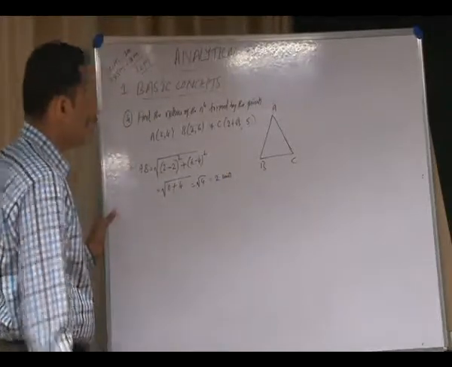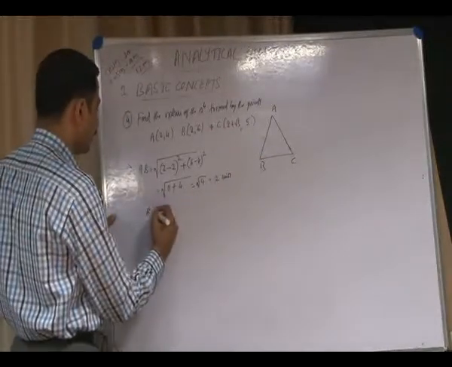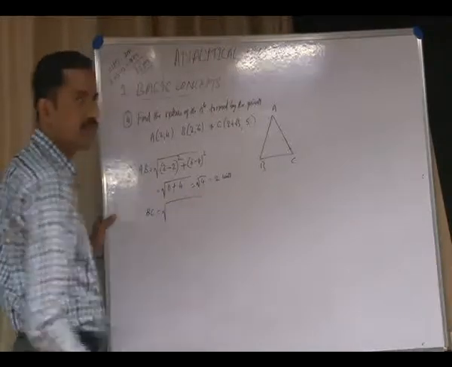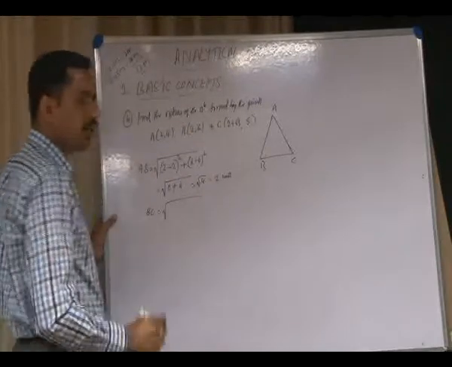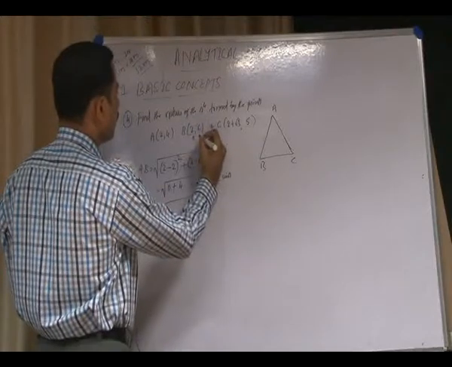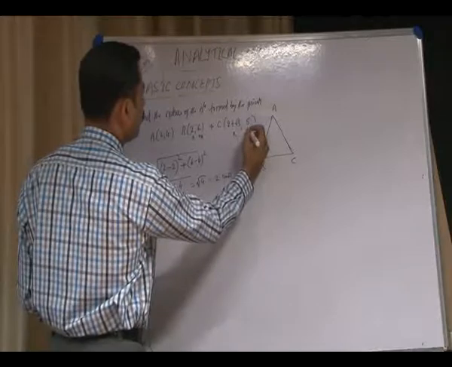Then find the distance between B and C, that is BC, by using the distance formula. BC is equal to square root of, here B is the first point and C is the second point. The coordinates of the first point are taken as x1, y1, and the coordinates of the second point are taken as x2, y2.